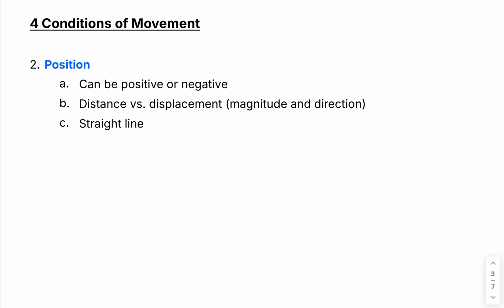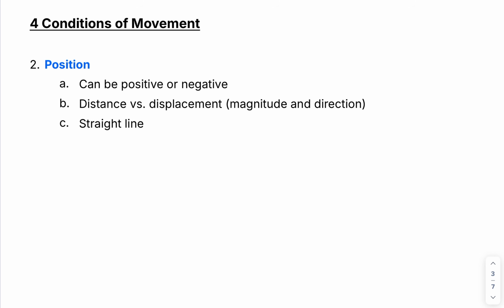For example, if I want to go left, that could be considered negative, and then the opposite direction, to the right, would be positive. Another example would be if I want to move up, that's going to be positive, and if I move down, that would then be a negative. So whichever direction you set as positive, the opposite direction will be negative.